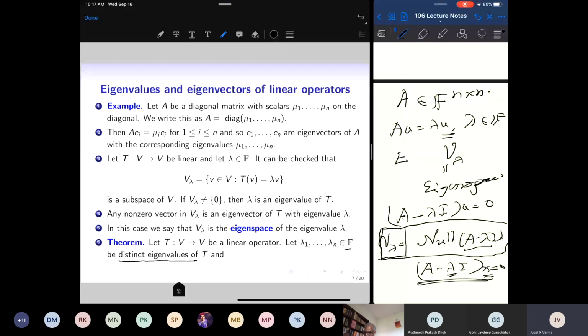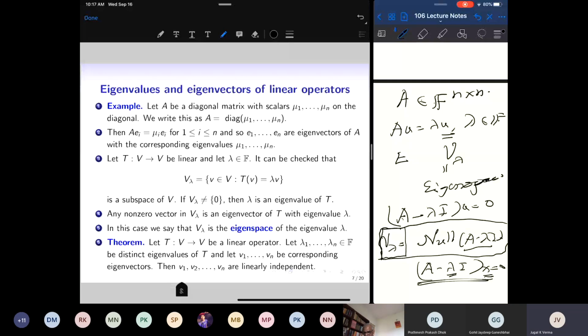Then there will be corresponding non-zero eigenvectors. So this theorem says that if I pick eigenvectors corresponding to distinct eigenvalues, then these eigenvectors are linearly independent. Eigenvectors of distinct eigenvalues are always linearly independent. This is a very important observation.